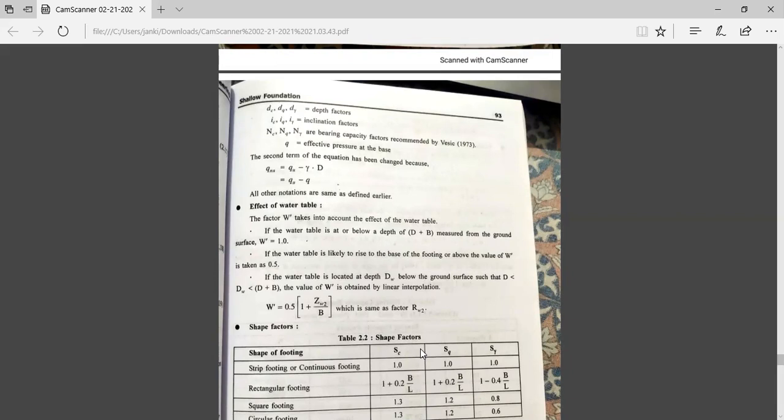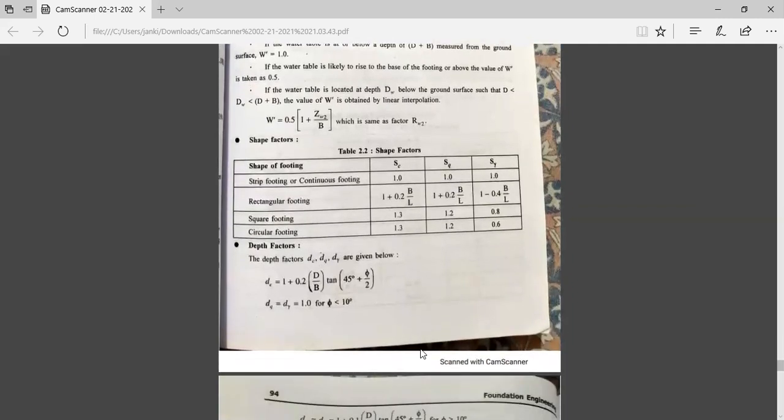If the water table is located at a depth Dw below the ground surface such that D is less than Dw and less than D + B, then the value of W' is obtained by linear interpolation, which means W' = 0.5(1 + Zw/B), which is the same as the factor Rw2.